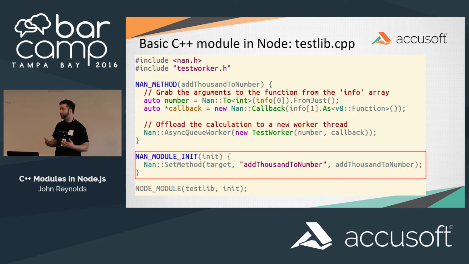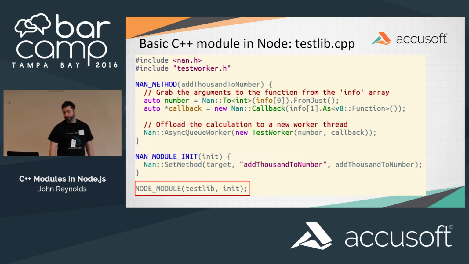We're adding that to what's returned in the public API when we do that require call. And finally, C++ modules do require a NODE_MODULE call. This is just a way so that the linker can determine whether or not this is an actual Node.js module, and you can actually run stuff with it.